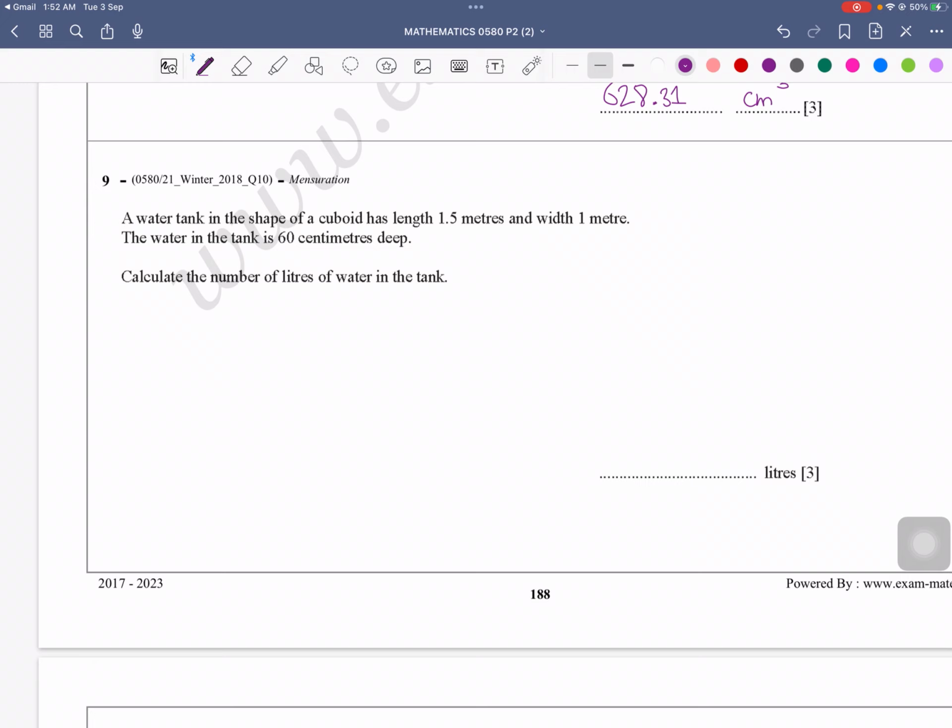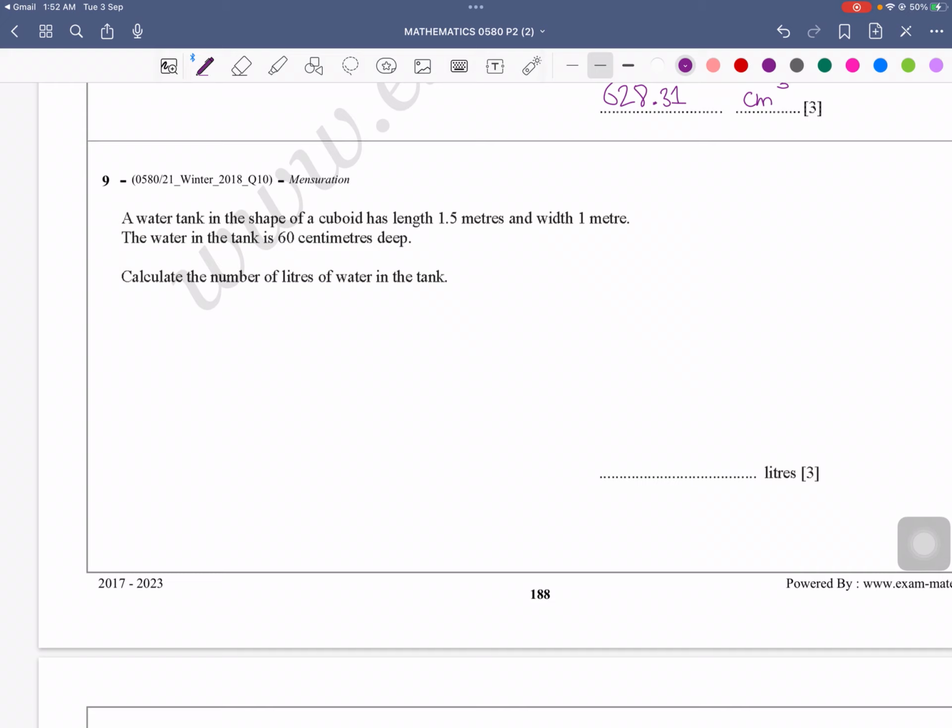They are saying a water tank in the shape of a cuboid has length 1.5 and width 1, and the water in the tank is 60 centimeters deep, right?